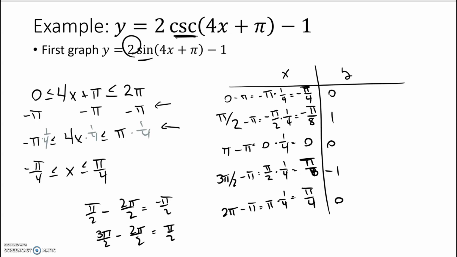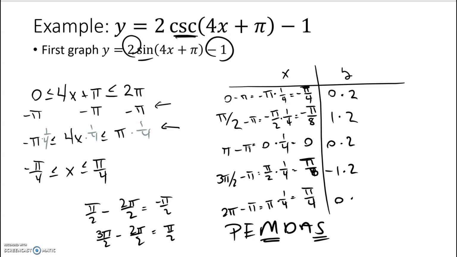Now notice I've got a 2 and a -1 that are outside of the parentheses, so those are going to affect the y values. To figure out, do I multiply by 2 first and then subtract, or subtract first and then multiply? We need to go to PEMDAS. Please excuse my dear Aunt Sally. Okay, so it says that we're going to multiply first and then we're going to subtract. So I need to multiply each one of these by 2 first.